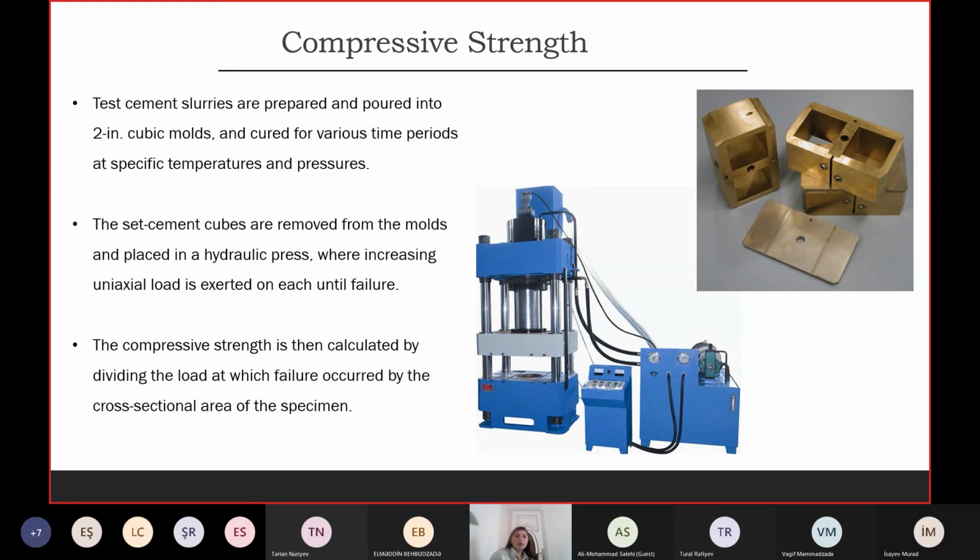Probably you have seen a lot of videos on YouTube or Instagram, kind of satisfying videos. They are using a hydraulic press. They place a ball, or sometimes some Legos, and then the hydraulic press destroys it. This is the same tool we are using in the lab.